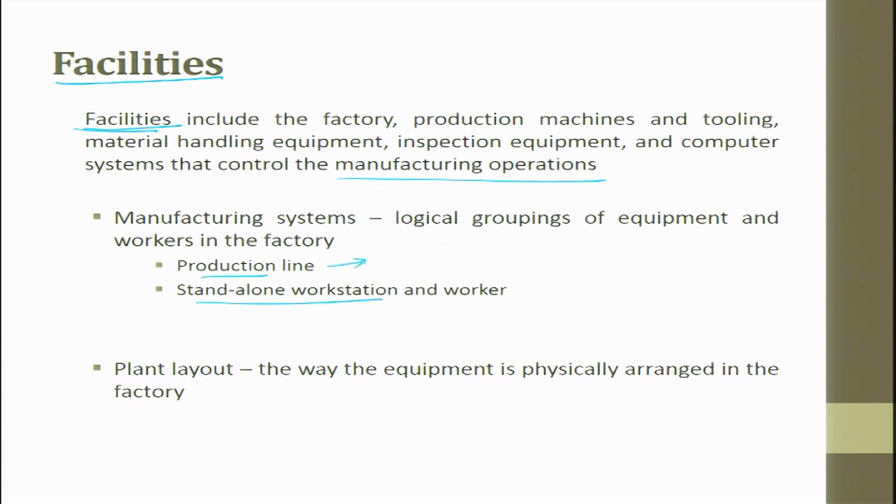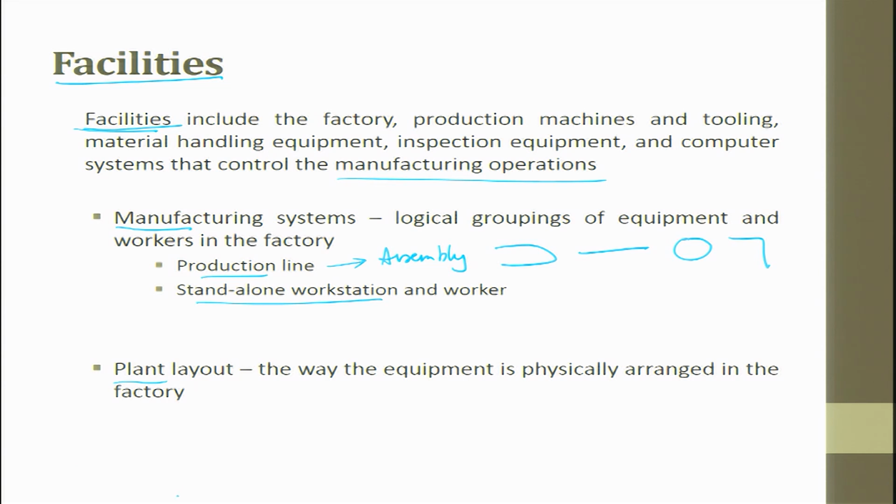When we talk about production lines, it is more of an assembly line. You can have U type, straight, circle, or L type. These are all different production lines, which are more focused towards assembly. This is manufacturing systems. When we talk about layout, the way the equipment is physically arranged in the factory is called the layout.